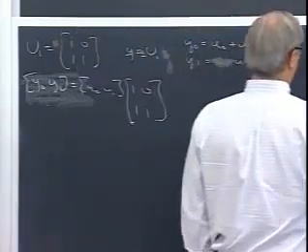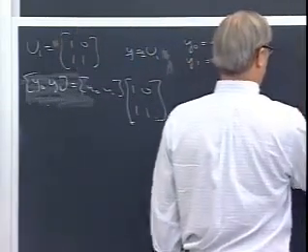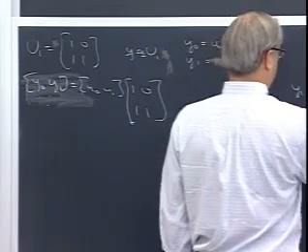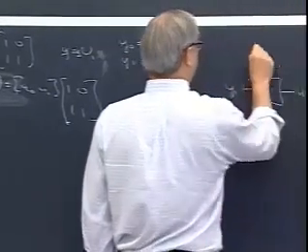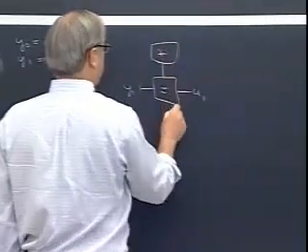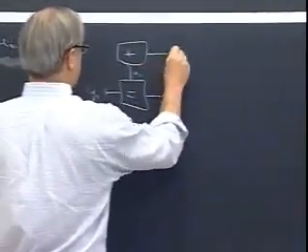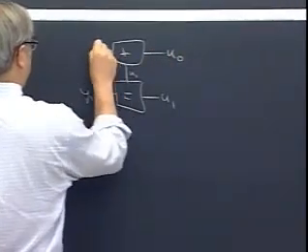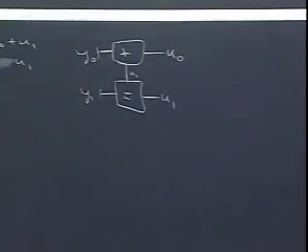Okay, so let's draw a little graph of that. We have y1 equals u1, and if I make an equals down here, I'll get a little U1 in here. So I could put U0 in here and get out y0 equals U0 plus U1. Okay?